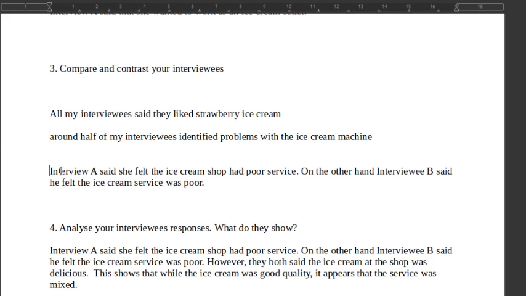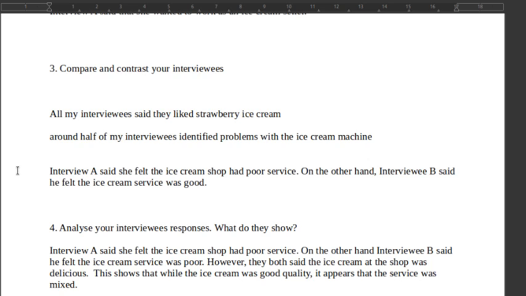You can contrast these and put them together as well. So for example, interviewee A said she felt the ice cream shop had poor service.